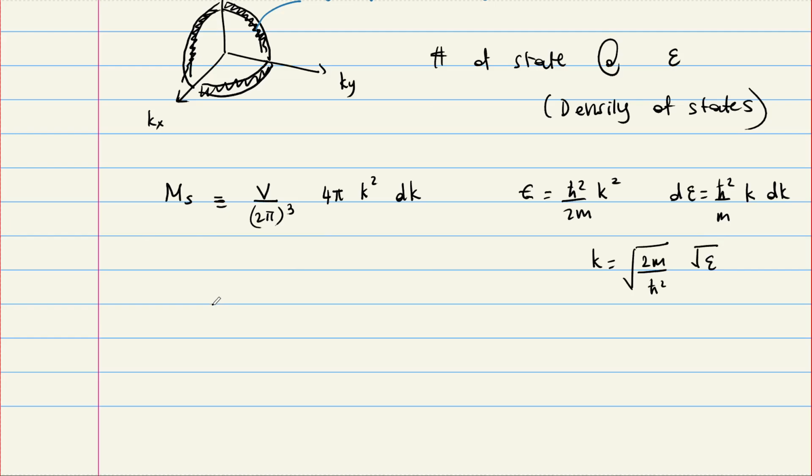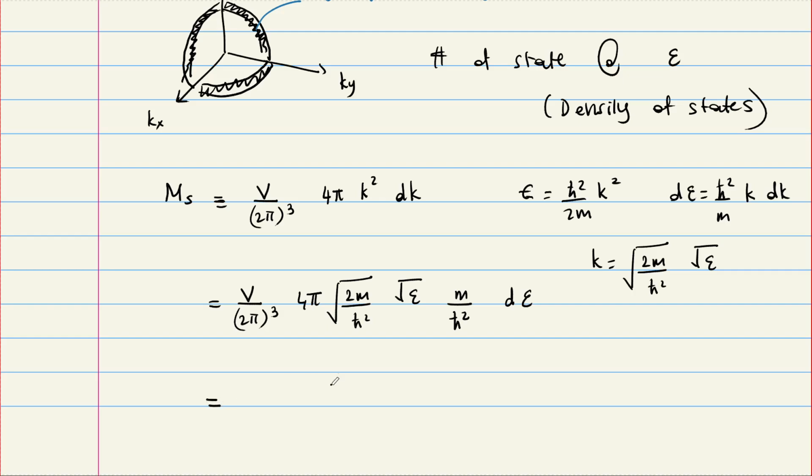So let's write these. This is exactly the same, V over 2 pi cubed. I have 4 pi, there's a k, and for k I'm going to write this. What remains is k dk, and for k dk, I'm going to write m over h bar squared d epsilon.